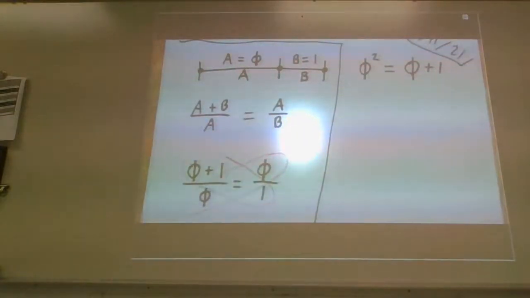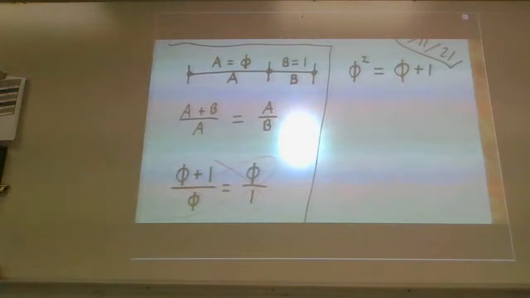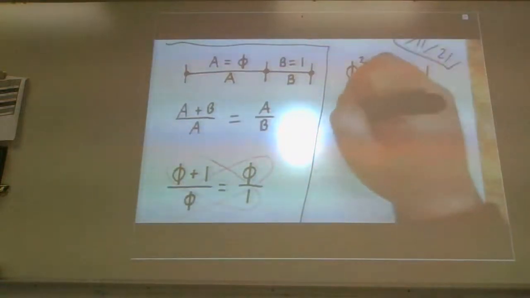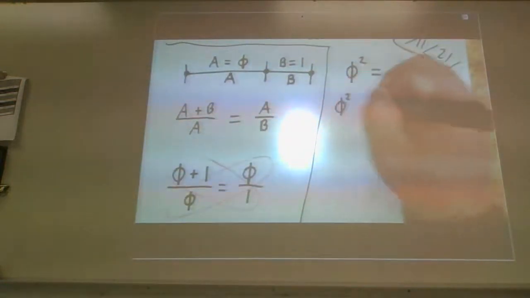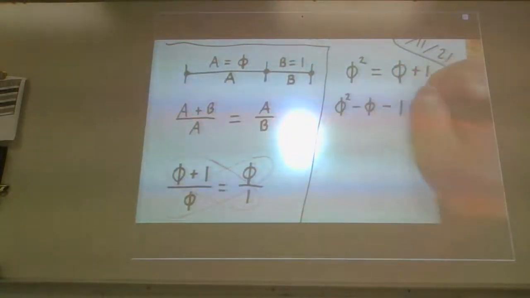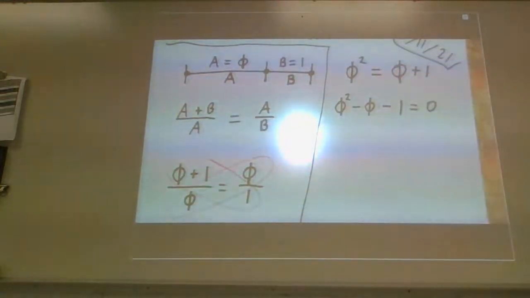I'm going to solve this. Not to take you back to your algebra 2 skills, but if you were to get one side of the equation equal to 0, just like that, we could solve this. This can be solved using the quadratic formula.